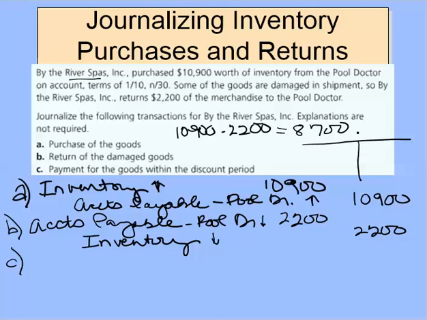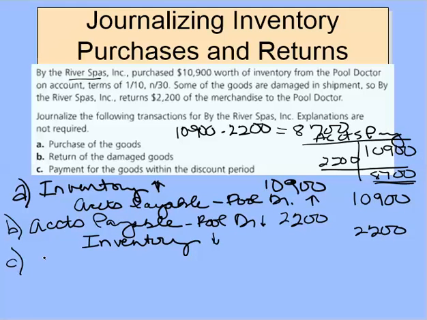The other way we could look at that is to draw our little T account for accounts payable. Sometimes this is very helpful, especially when we have multiple customer accounts going on. We'll see we had a credit for $10,900, and then with the return $2,200. So their balance in our books that we owe them is $8,700.